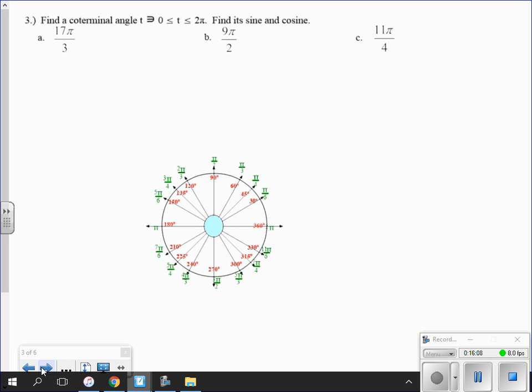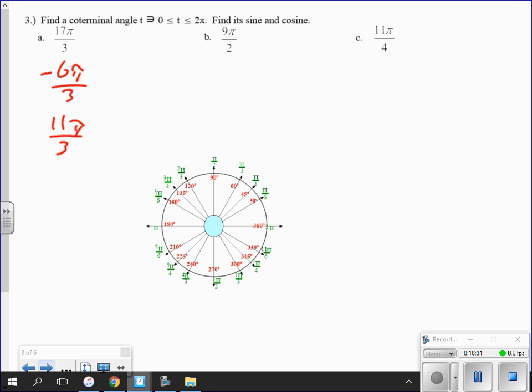Common denominator. It's 2 pi with a common denominator, right? 6 over 3, that's 2. So I would subtract 6 pi over 3. 17 minus 6 is what? 11. So that gives me 11 pi over 3.